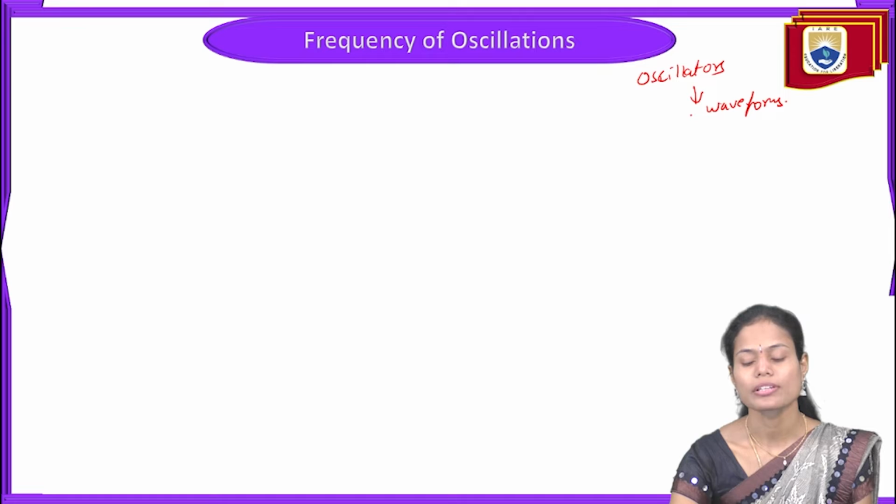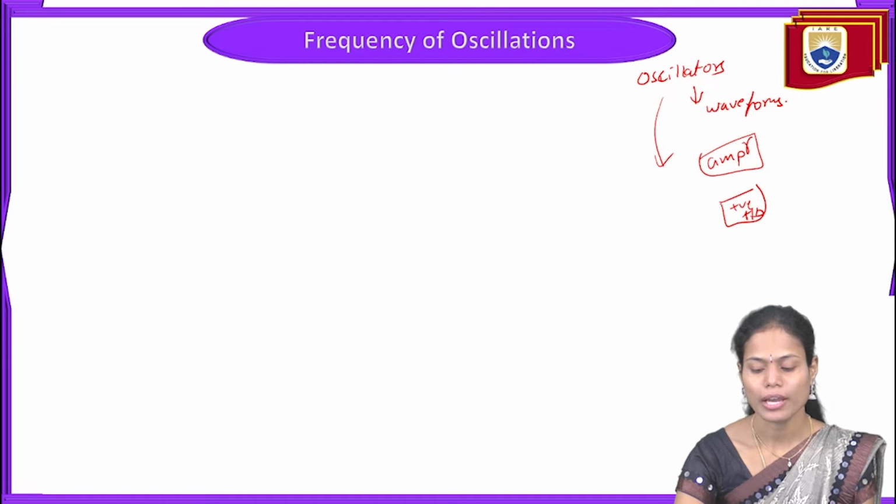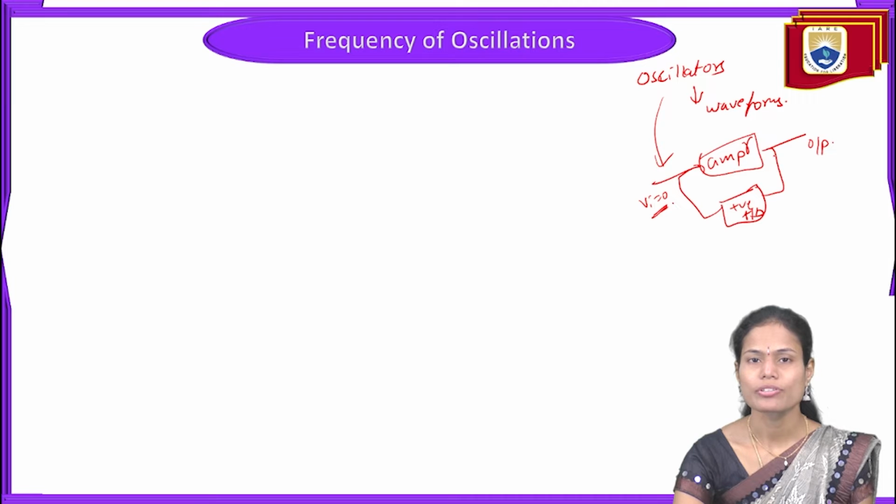Because in order to design an oscillator, we are utilizing an amplifier circuit as well as a positive feedback network. If we add positive feedback to an amplifier, it will become an oscillator circuit. And in an oscillator, we are not providing any external input signal. We only provide the supply for the oscillator circuit. By utilizing that supply, it will generate different types of waveforms as the output. That is the basic function of the oscillator.